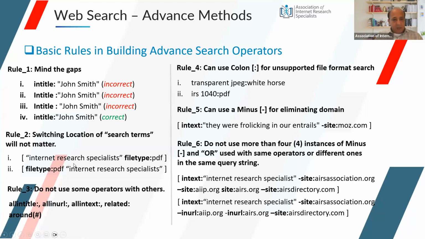And if you run the second query by switching the operator file type and putting it before the search term, you would still get 1000 results. So there would be no difference in the number of results or the results themselves if you switch the position of these advanced operators. So file type after the term or before the term would not make any difference, right?